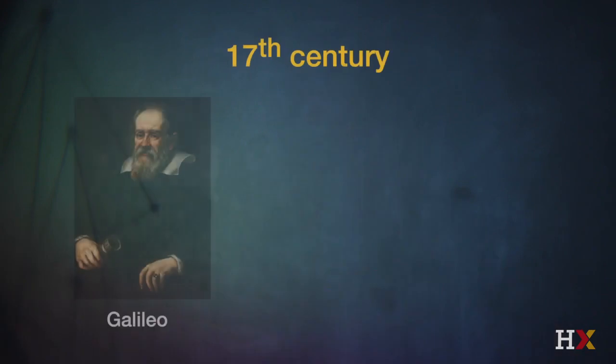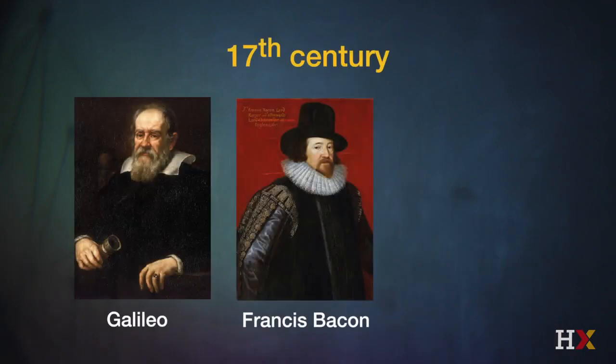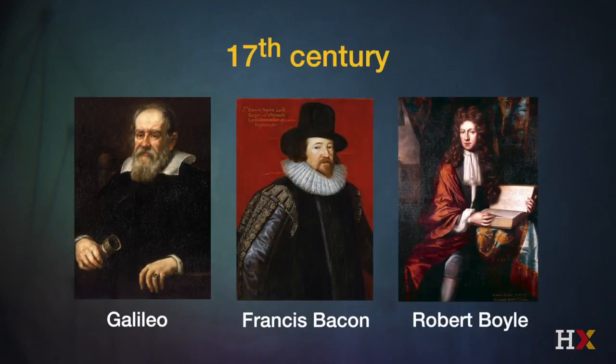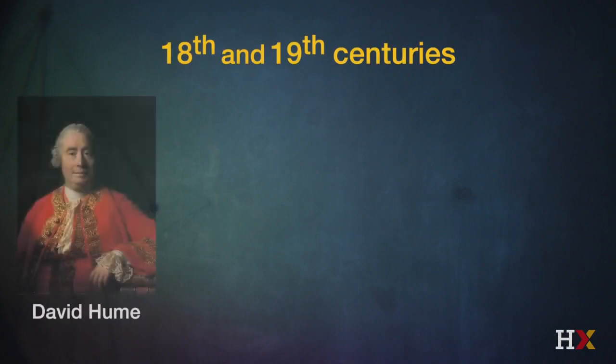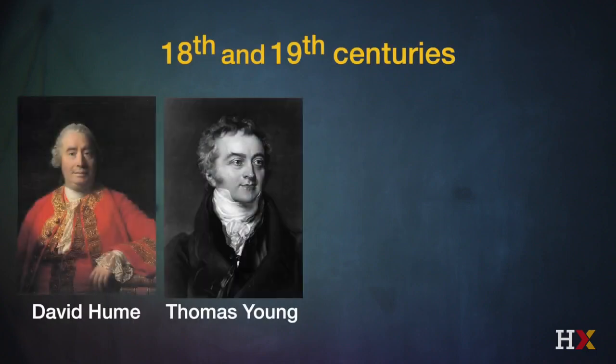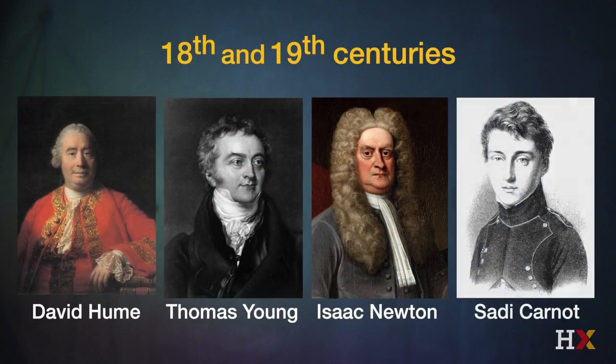2,000 years later, the structure of the scientific method began to explicitly emerge in the 1600s. Galileo, Francis Bacon, Robert Boyle, as we've seen in the core of the chapter, were very important in the development of the scientific method. In the 18th and 19th century, David Hume, Thomas Young, Isaac Newton, and Sadi Carnot advanced the sophistication of the scientific method.